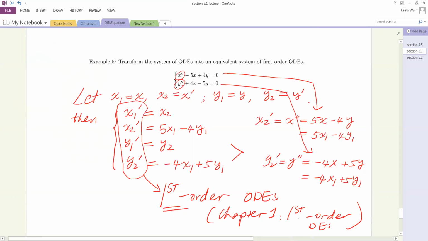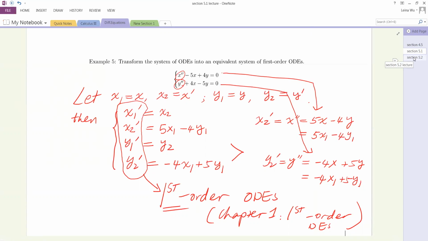There are all kinds of methods for us to solve first order differential equations. So by converting all those higher order differential equations into first order systems, those methods we learned before could apply. Good so far, you guys? Okay, can we move on to the new section?